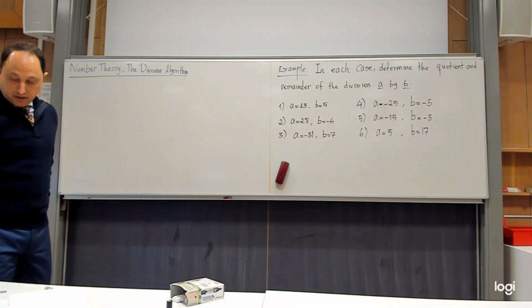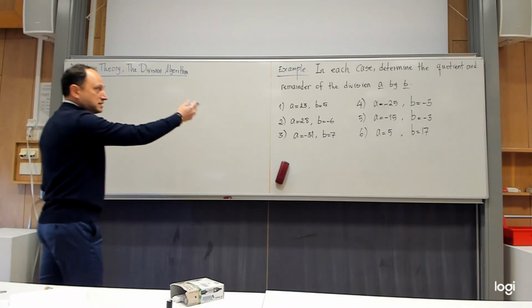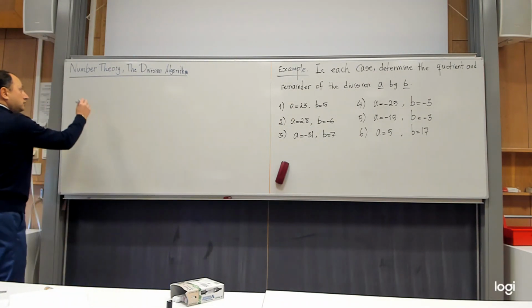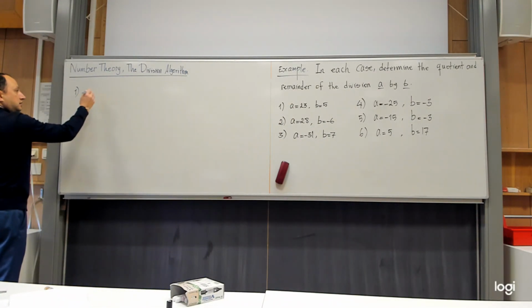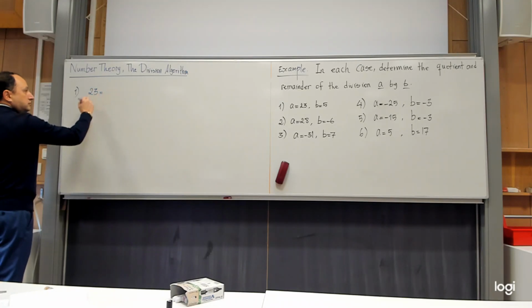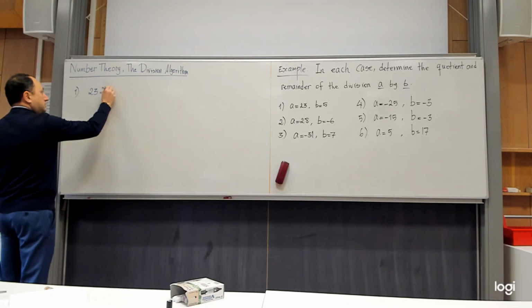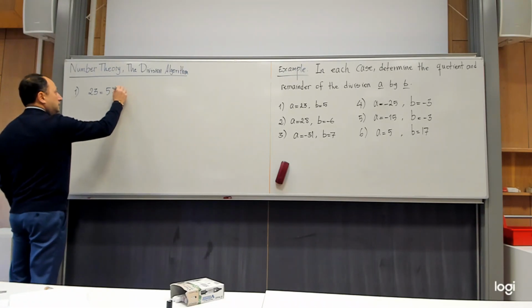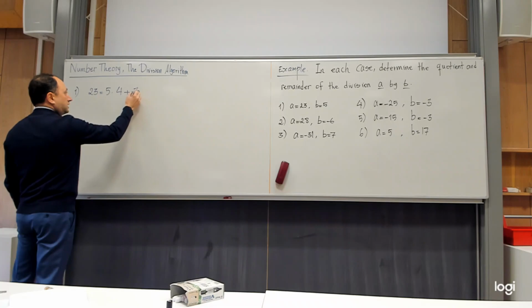Okay, so let us start solving them. Yes, this is a simple problem. So A is 23, B is 5. So what can I write? For part 1, I can write 23 is equal to 5 multiplied by 4 plus 3.